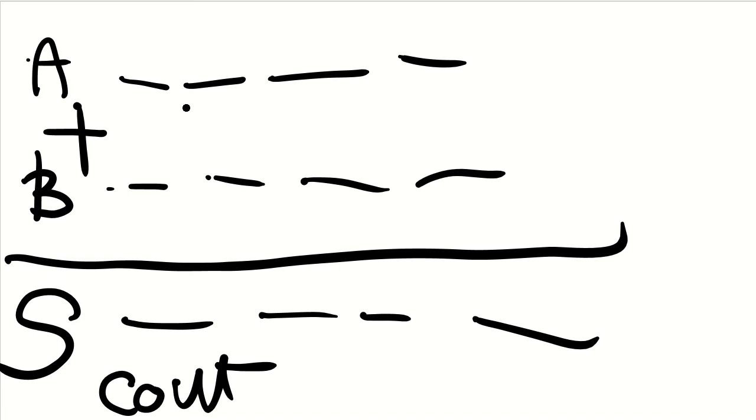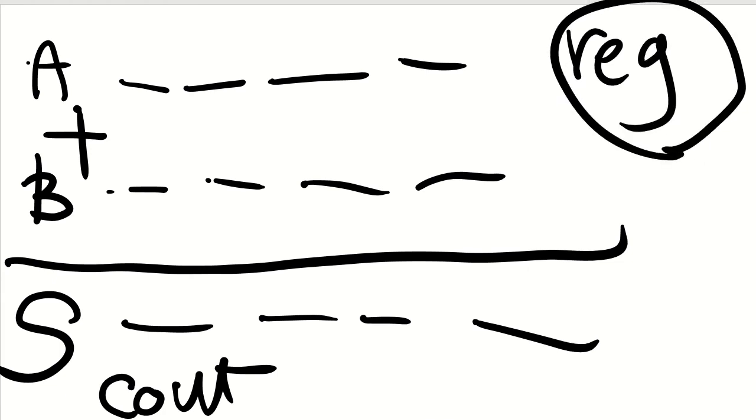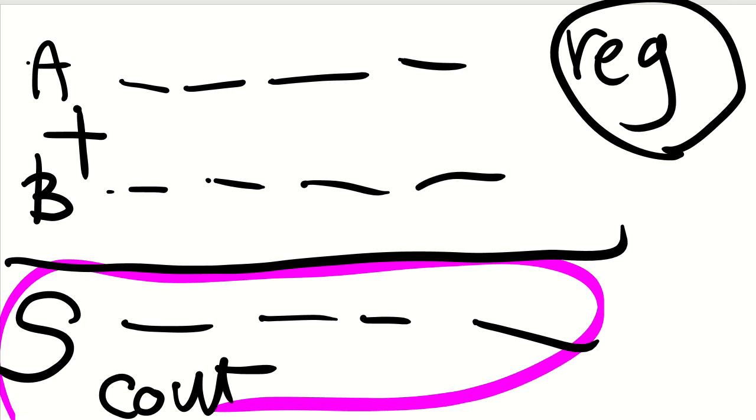Now, one way of doing this is I want to introduce you to a keyword that you see in Verilog a lot. It's REG, and it's short for registers. Why I want to talk about it here for this example is because the outputs are treated as registers, because they can hold the addition of 2 numbers.